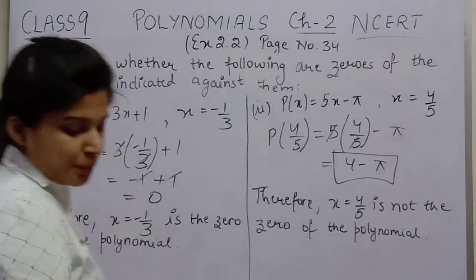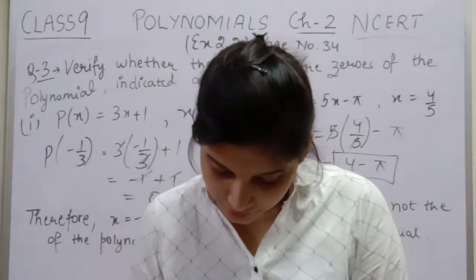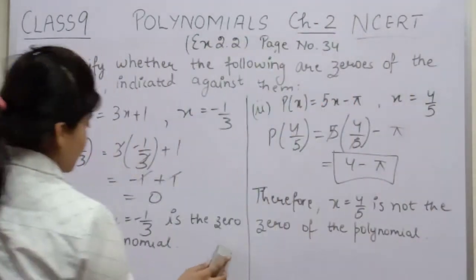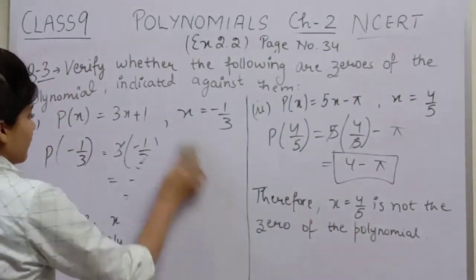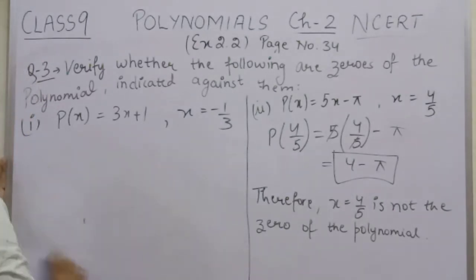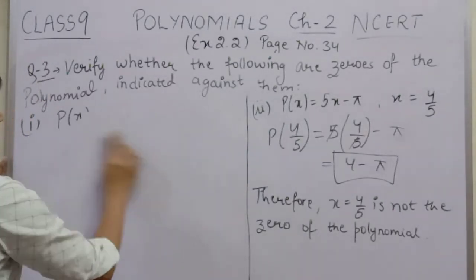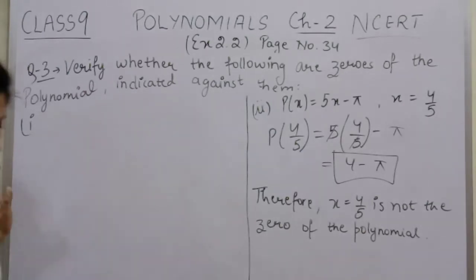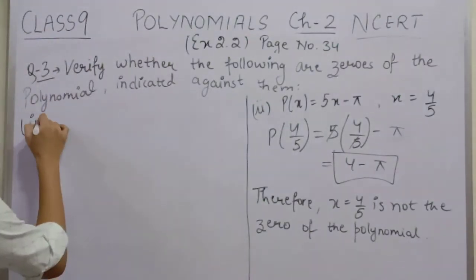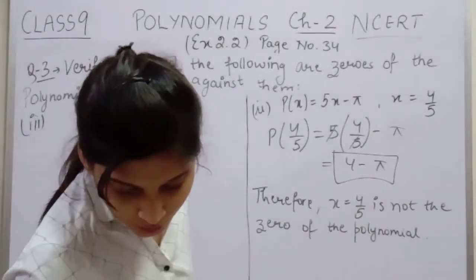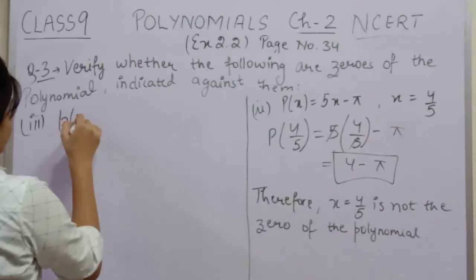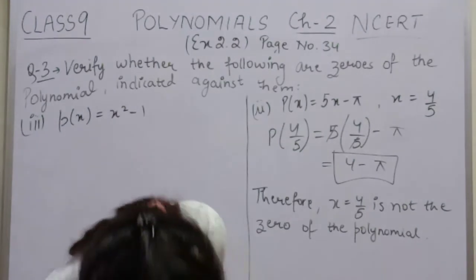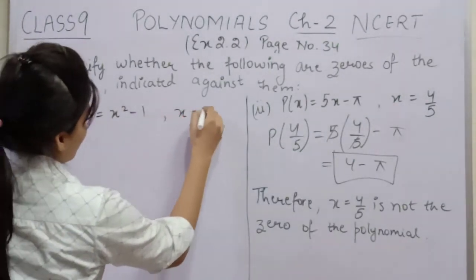Now let's come to the third part. So the third part of question number 3 is p(x) equals x square minus 1, and x is 1 and minus 1.